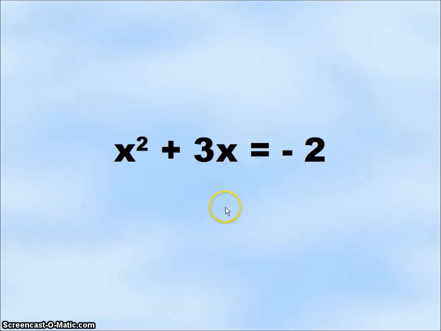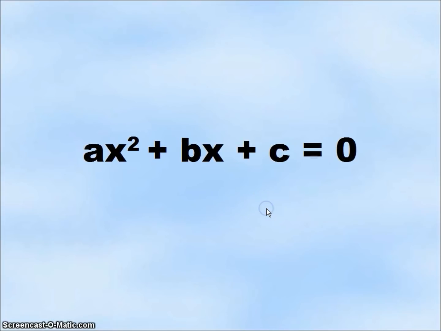Let's look at just the general form. General form because, as we mathematicians like to do, we've got letters for the numbers, because they could be any old number.